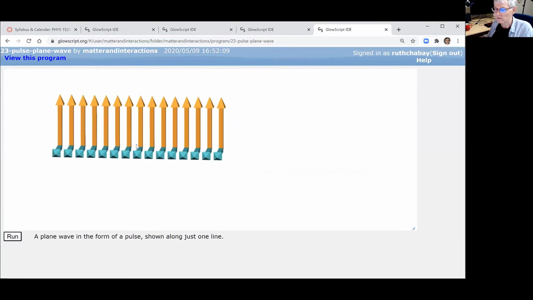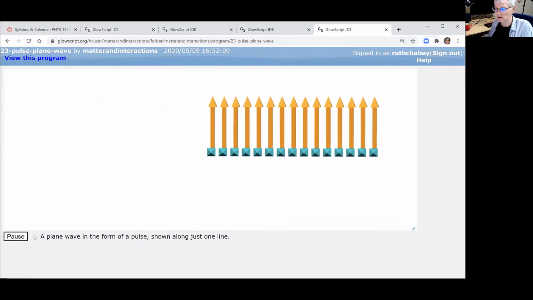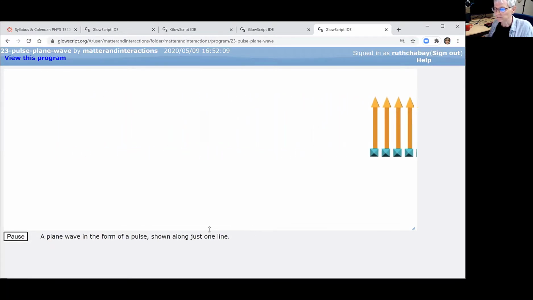I'm stopping it for a minute, but it can't stop. That has electric field in the plus y direction and magnetic field in the plus z direction. And there's this region of space where the fields are non-zero. And then to the right and to the left, the fields are zero. So what happens is this region travels through space.